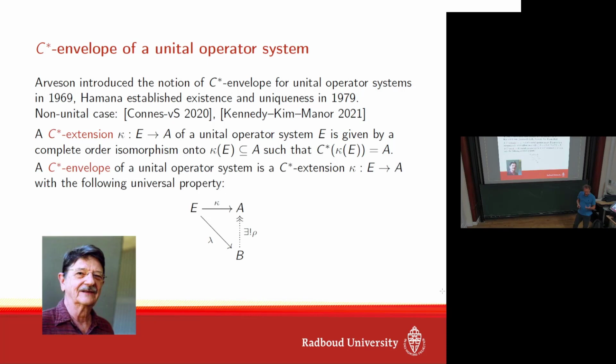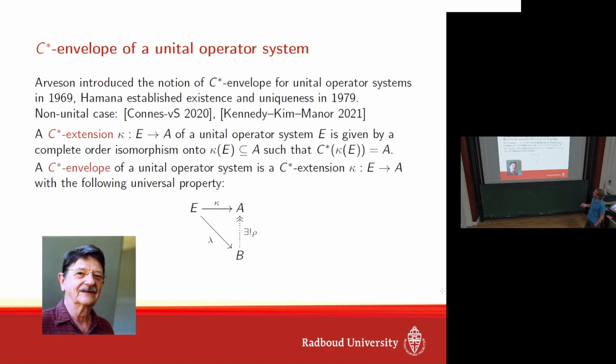And it may sound strange because my operator system was already represented somewhere, but it actually turns out that you can represent it differently, let it act on a Hilbert space in the same way, but in a completely order isomorphic way. And then still the C-star algebra may be different, and this is actually what we're after. So there may be different realizations of my operator system for which the C-star algebra that is generated may be different. So let me say this more precisely.